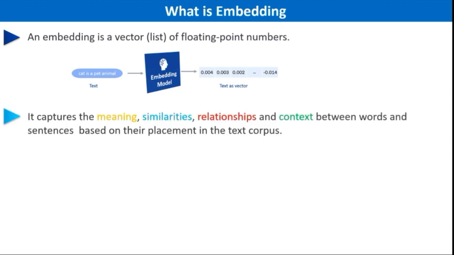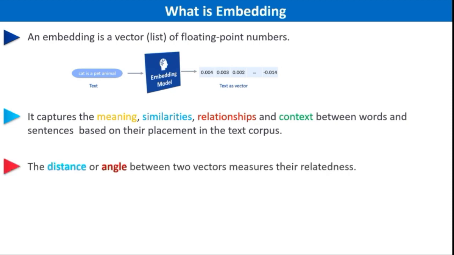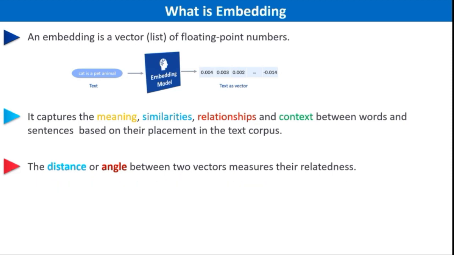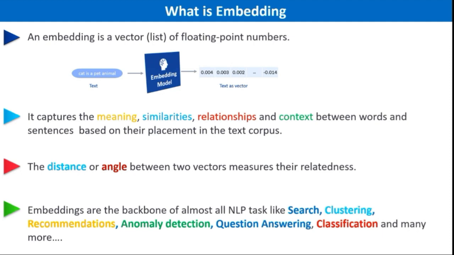Embedding captures the meaning, similarities, relationships, and the context between words and sentences based on their placement in the text corpus. The distance or the angle between two vectors measures their relatedness. Embeddings are the backbone of almost all NLP tasks like search, clustering, recommendation systems, anomaly detection, question answering systems, classifications, and many more.